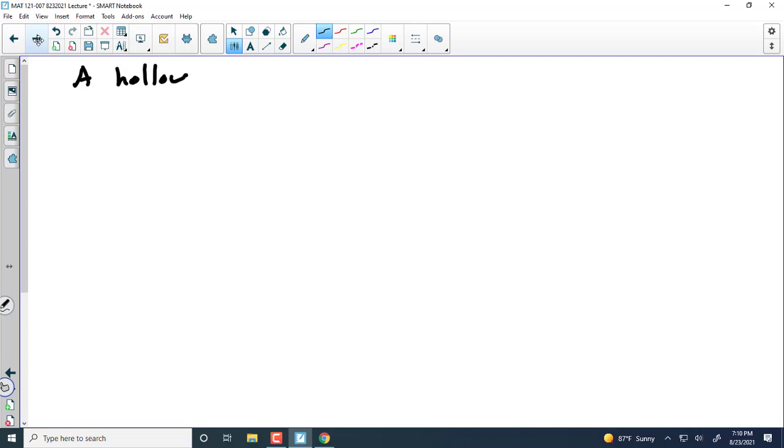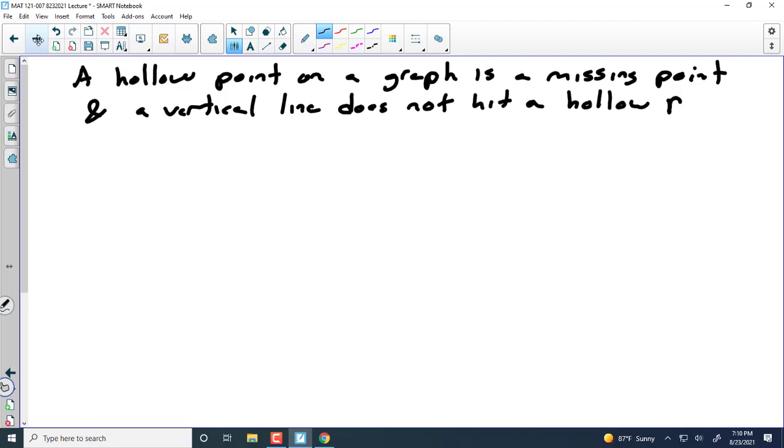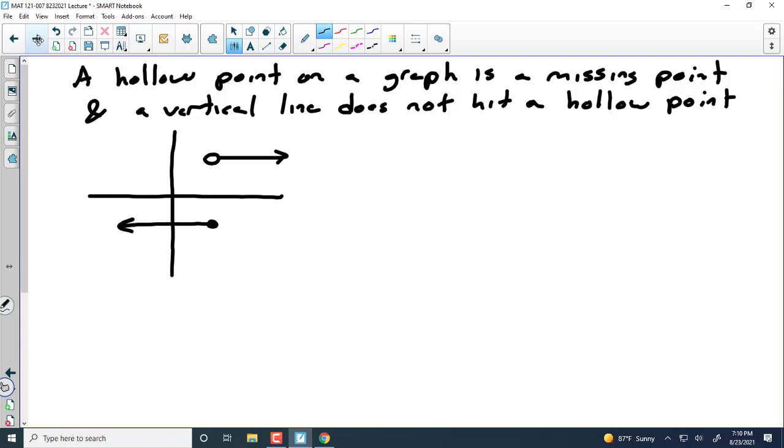A hollow point on a graph is a missing point, and a vertical line does not hit a hollow point. You may have seen a graph at one point that had a missing point on it, and they indicated that by just putting a little open circle instead of a solid circle.